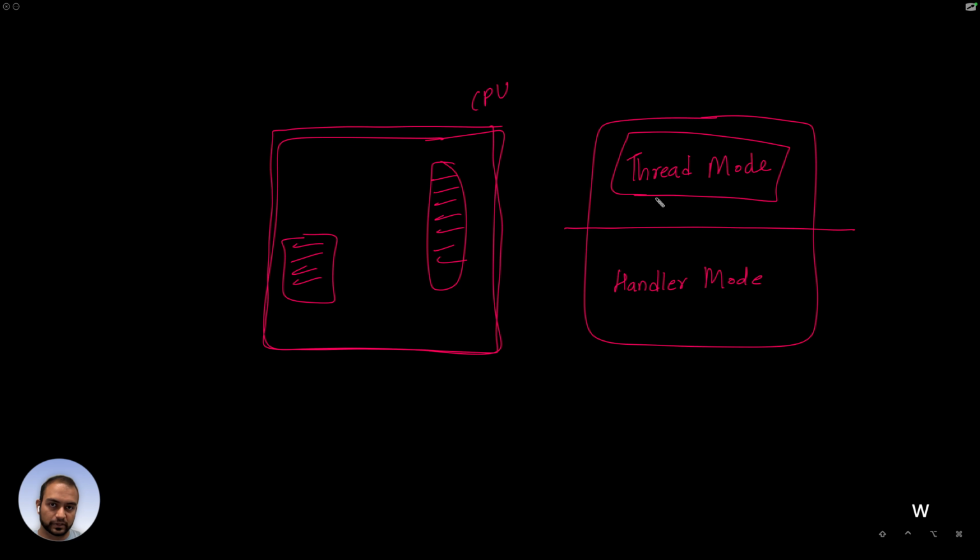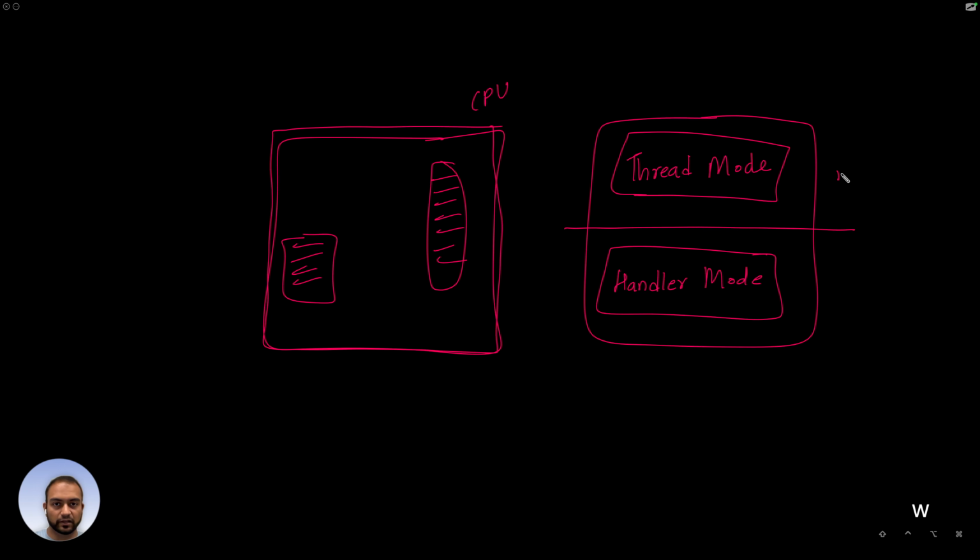Anytime an interrupt or exception happens, the CPU automatically moves to the handler mode. That's about it.